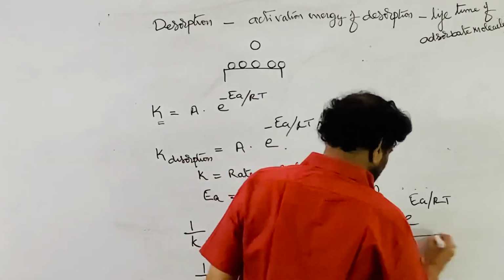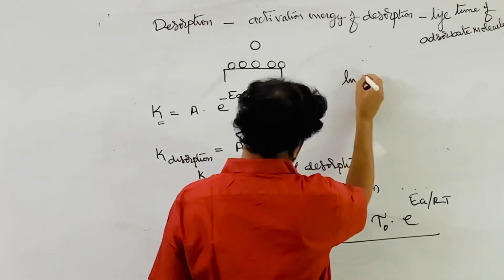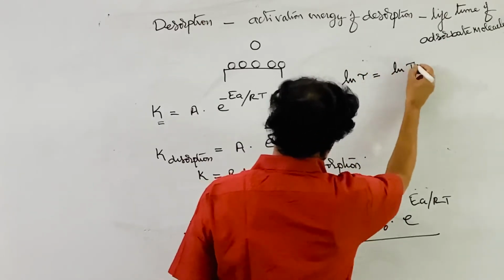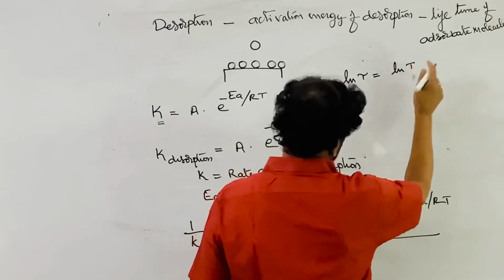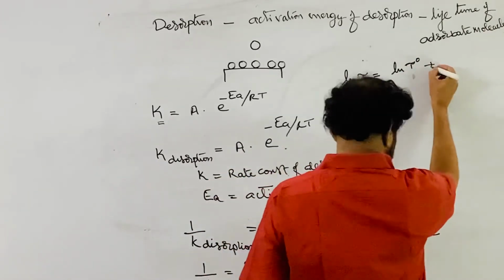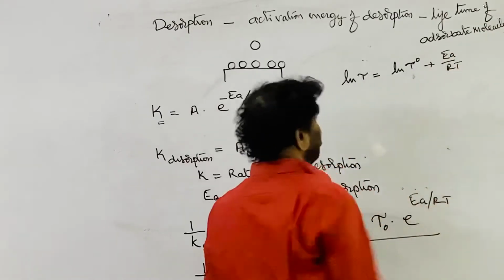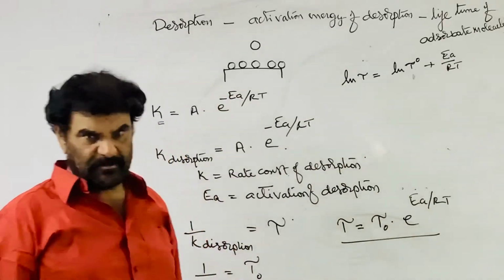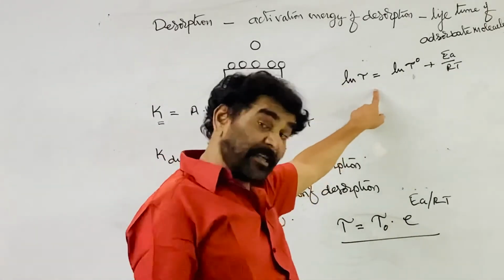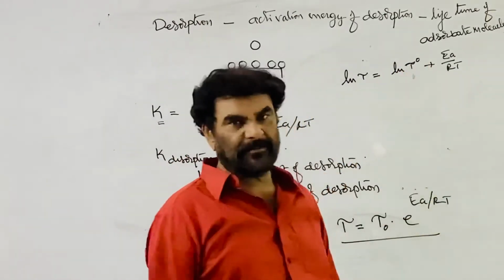Now we can take the logarithmic relation: ln tau is equal to ln tau naught plus EA by RT. See, it is not for the rate constant, it is for the reciprocal of the rate constant. Remember, that's why we have a plus sign instead of minus.